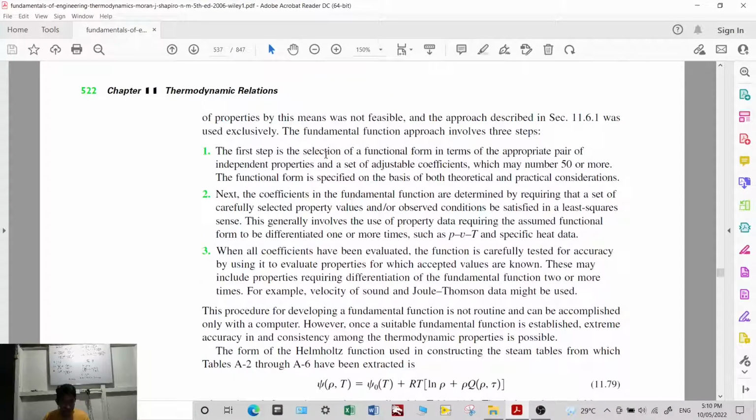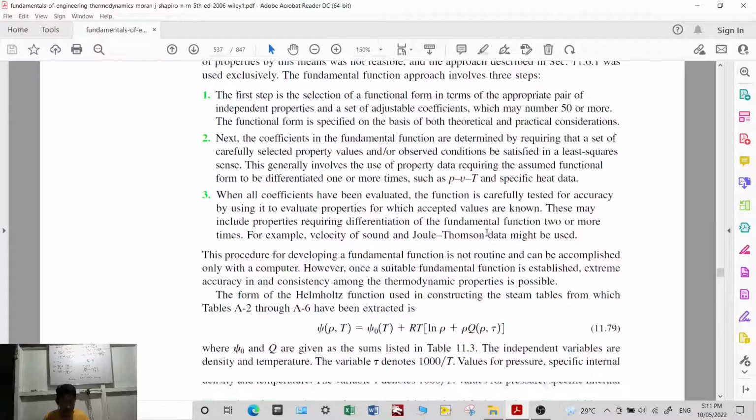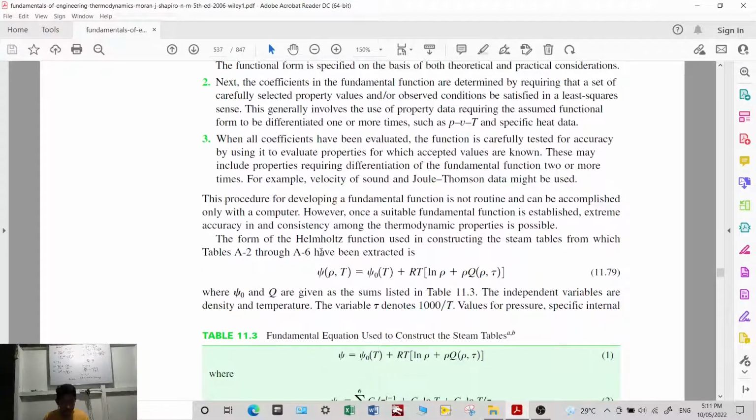The first step is the selection of a functional form in terms of an appropriate pair of independent properties.